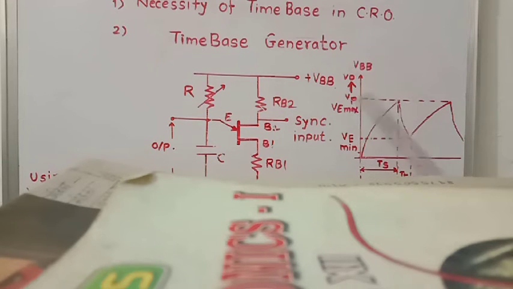When it reaches the peak point voltage, or its maximum voltage, the emitter to base 1 PN junction is forward biased.